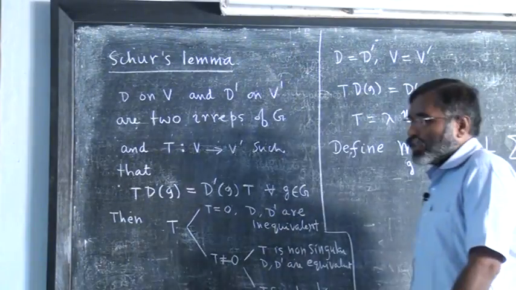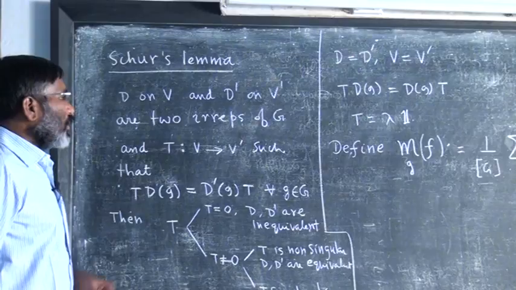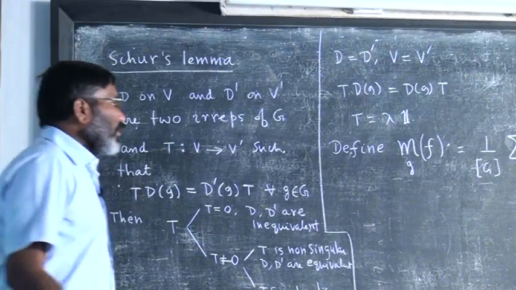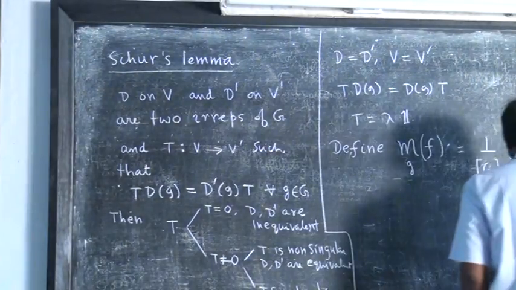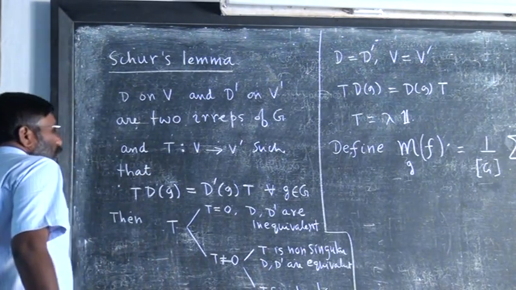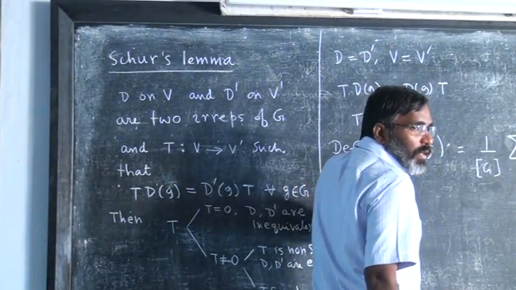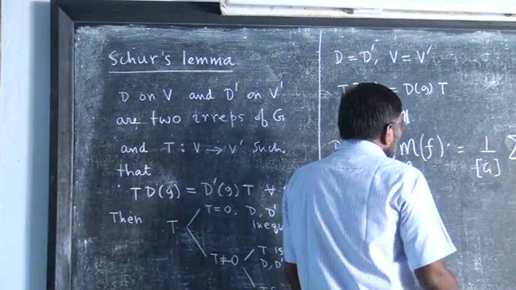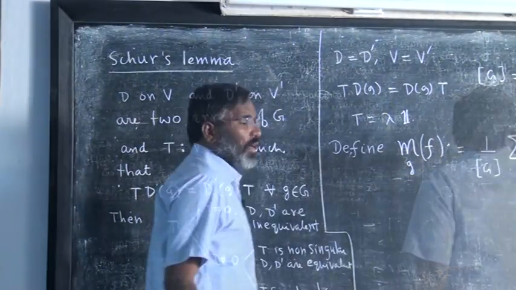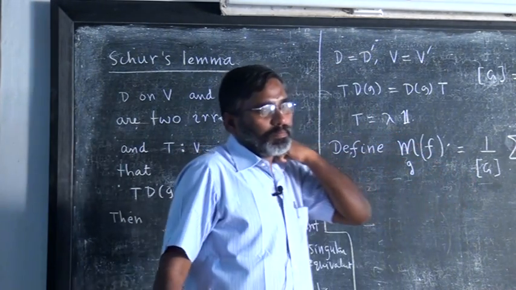That means if I have some function from G, defined for each of the elements, this I will define as the mean of f. G is the order of the group. It could actually be one of these D's, so it's any map.